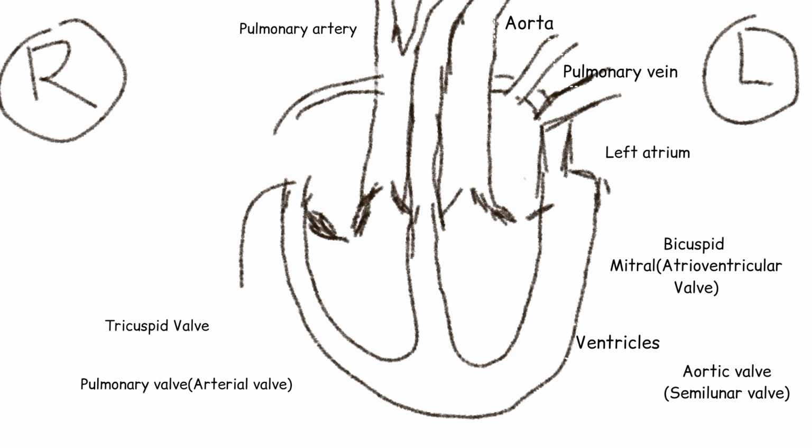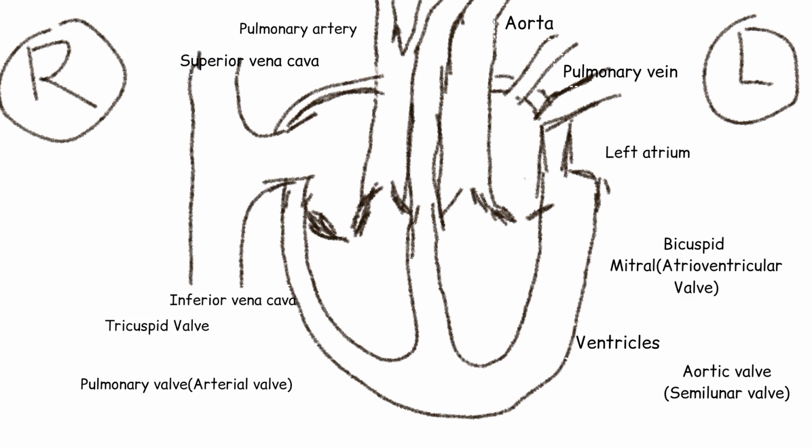Here we have the large vessels of the body, the superior vena cava, draining the top part of the body, and the inferior vena cava, draining the bottom part of the body, both draining blood into the right atrium.